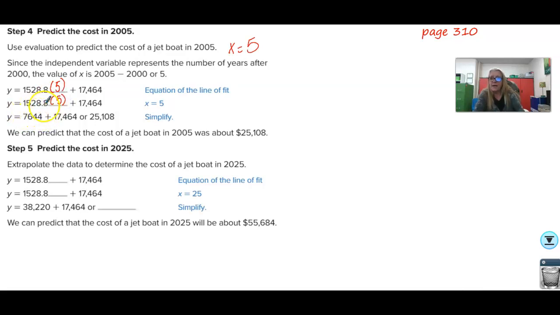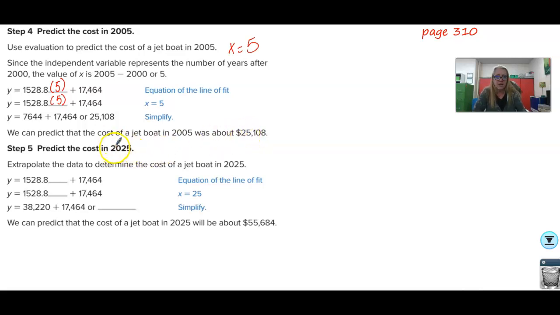So we would have this number times this number is this number, plus this number is 25,108. So we predict that the cost of a boat in 2005 was about 25,108. That's interpolation because that value was on the graph. It was in the points that we had.